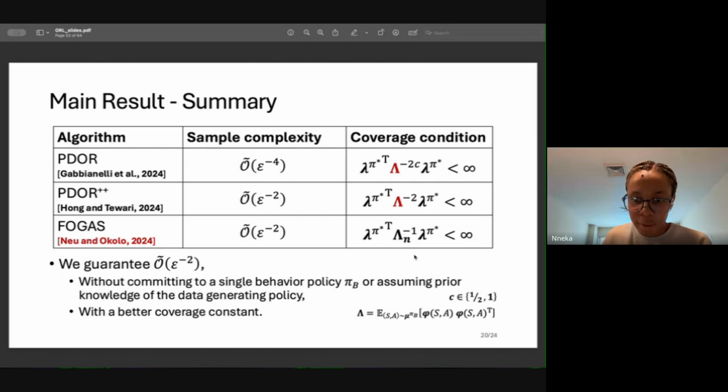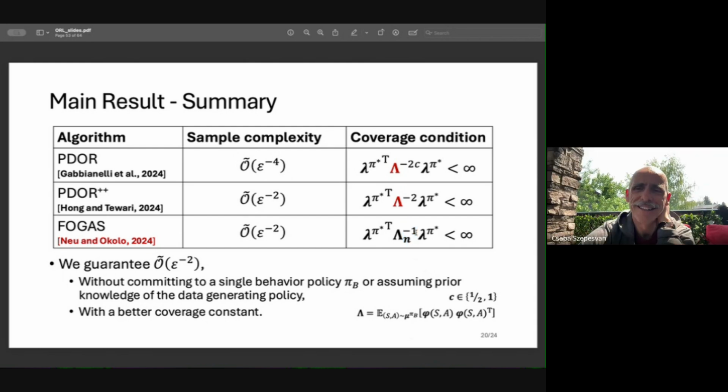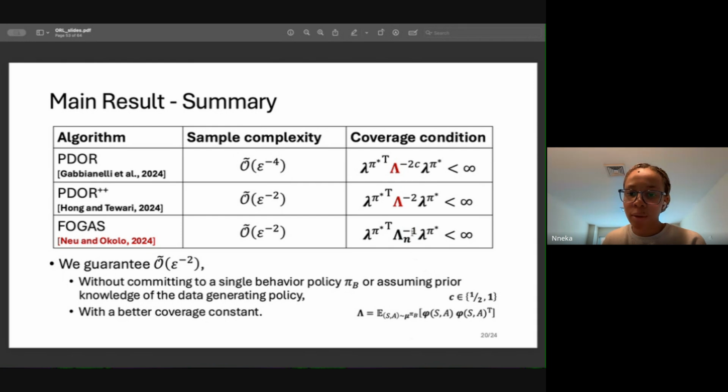I tried to do that, but because of this inverse, it does make things a bit more tricky. But yes, there could be a scenario where this with c equal to 1/2 can be better than this.